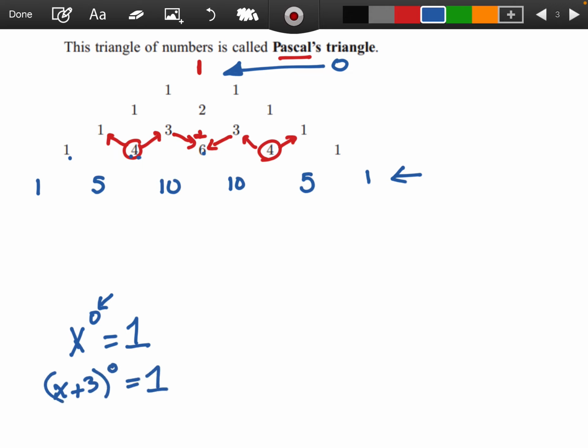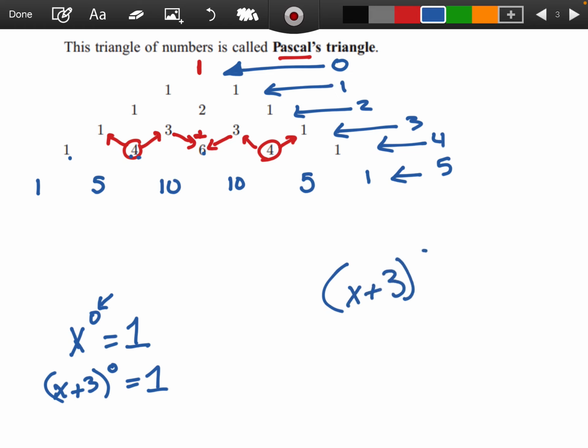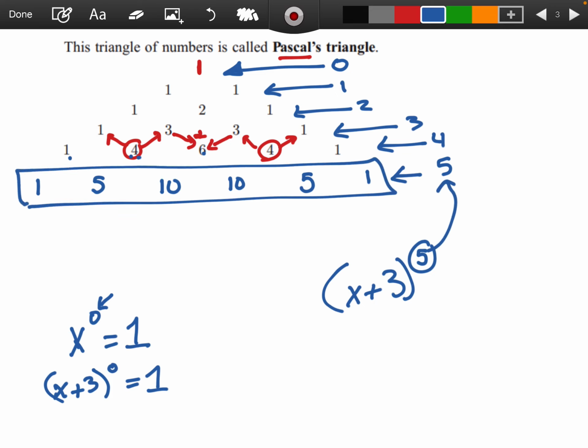That's why that's row 0. Then this becomes row 1, row 2, 3, 4, and so on. Whatever the exponent is on the binomial expansion tells you which row of the triangle to use. So if my exponent was 5, I would use this row of the triangle, and so on.